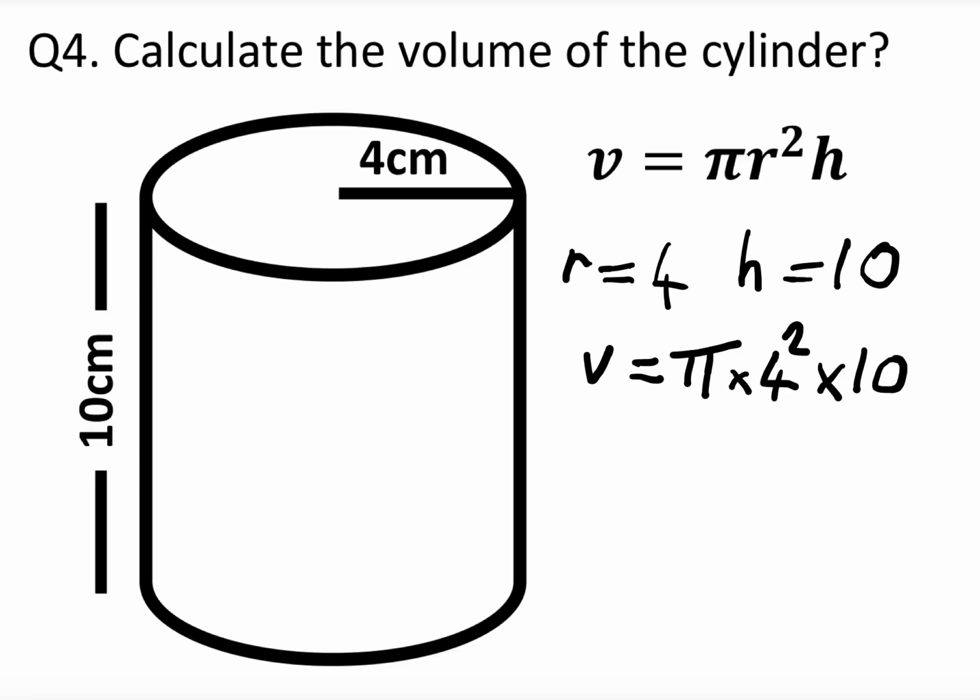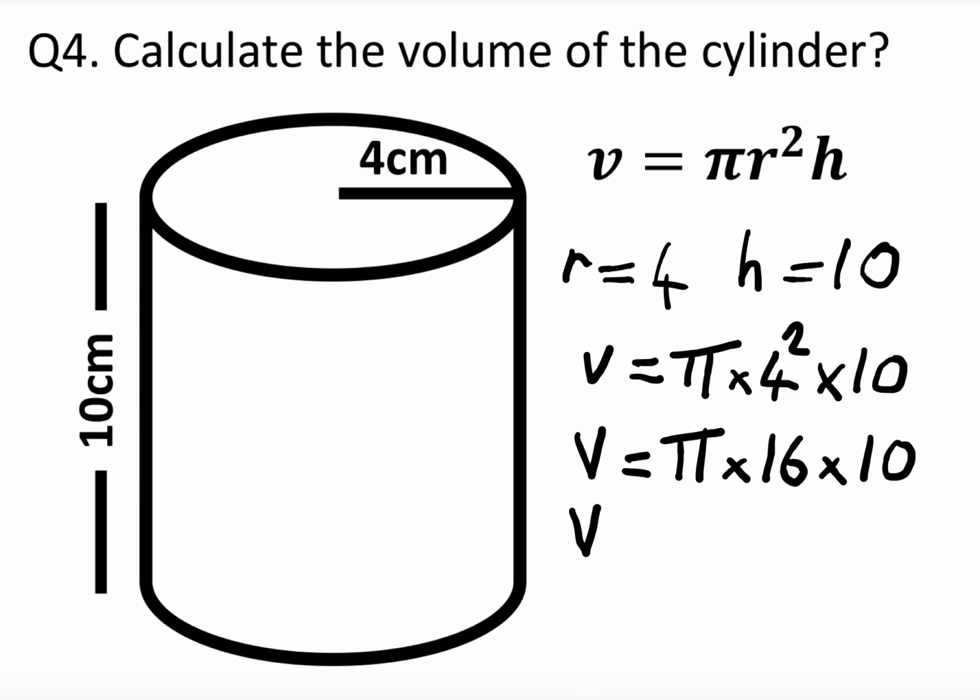So if we work through this in steps, V equals pi times, what's 4 times 4? 16, times 10.